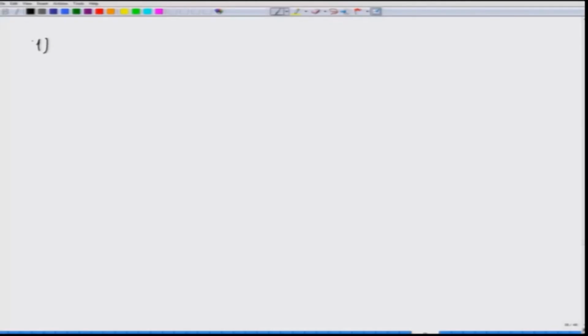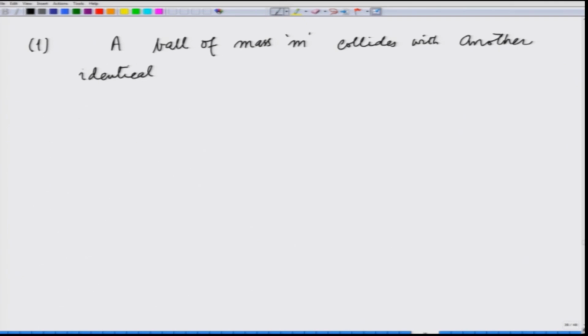So, in the first problem we say that a ball of mass m collides with another identical ball at rest, and the collision is elastic.